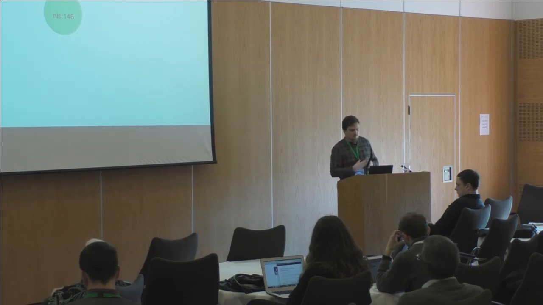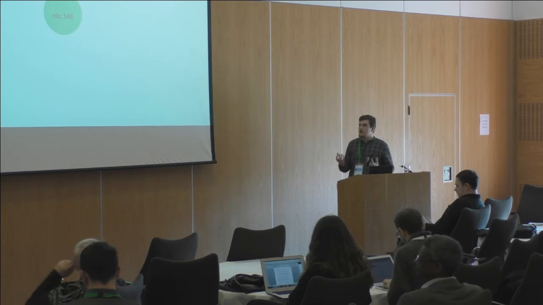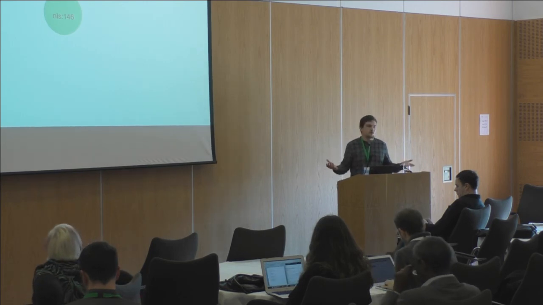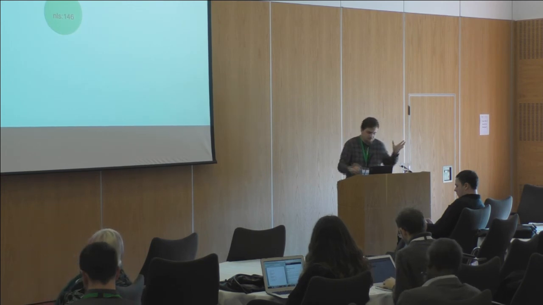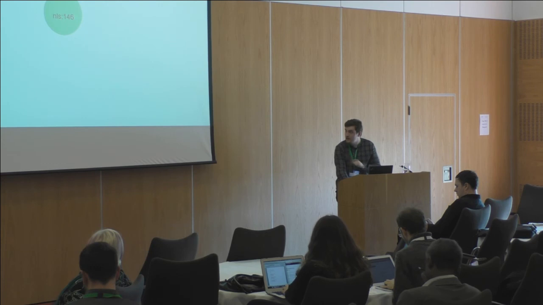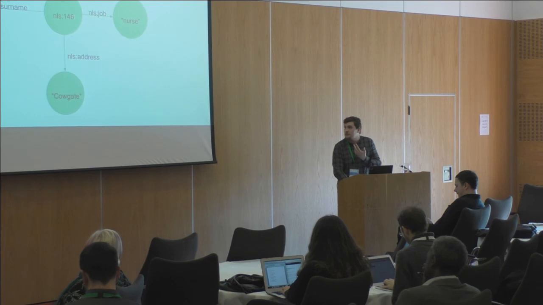So there's a lot more flexible schemata for this approach. It's just a case of having a URL describing whatever it is you want and then using it. So we've got record 146 there. We can store the surname, Smith, the job, they were a nurse, and they lived on the Cowgate.